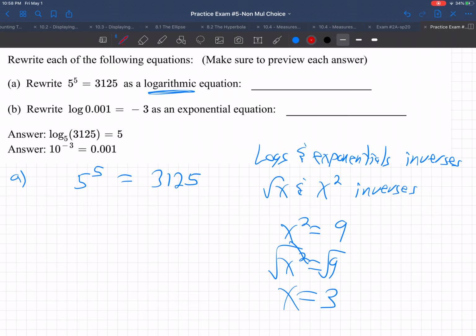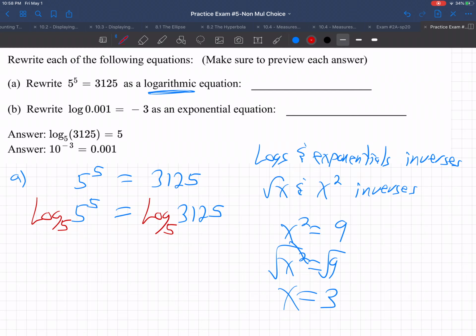If you want to change the form, you put a log on both sides. Let me be a little more specific. Every log has a base. So you put log of the same base, log base 5 on both sides.